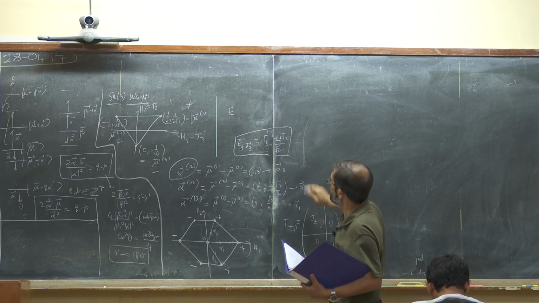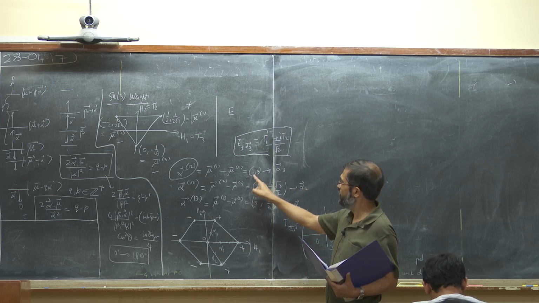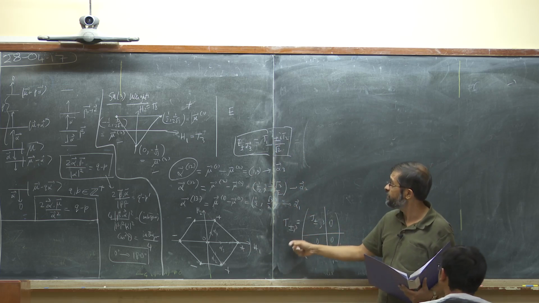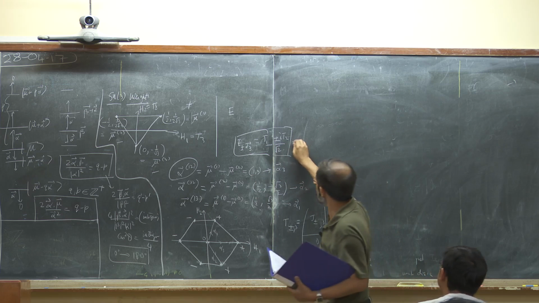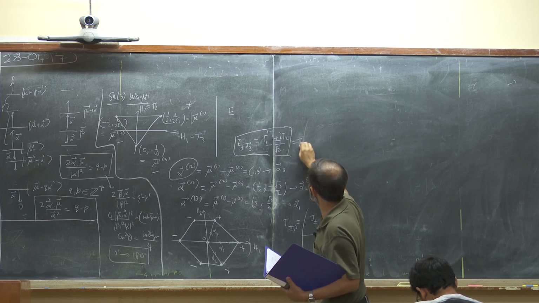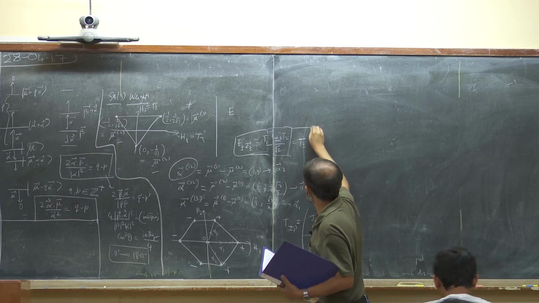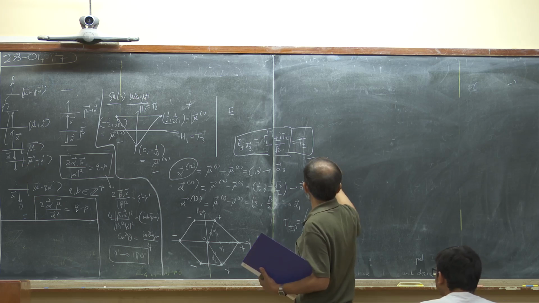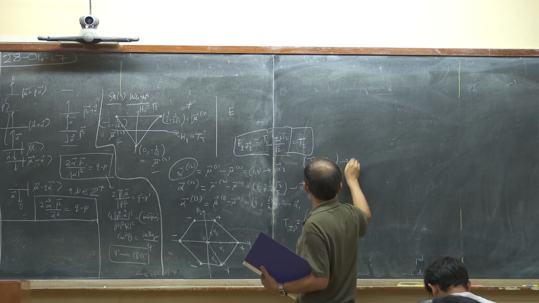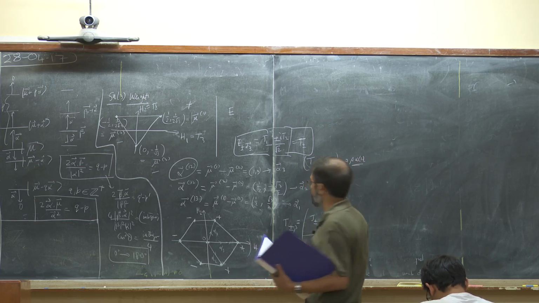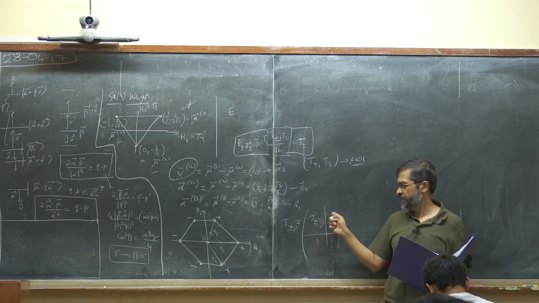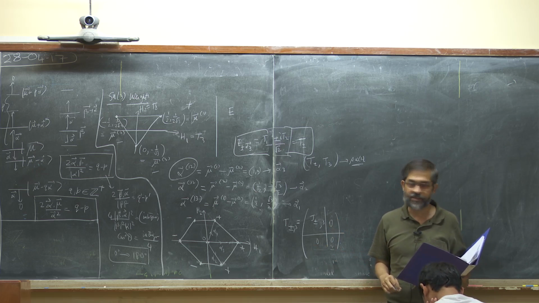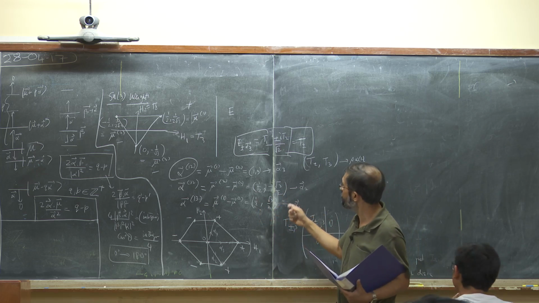The claim is that these objects raise the eigenvalue of H1 by 1, but that's clear because T plus minus and T3 form an SU2, because they are just sitting here, and the other blocks are not taking part in the algebra. So this much is clear. I have explained this 1.